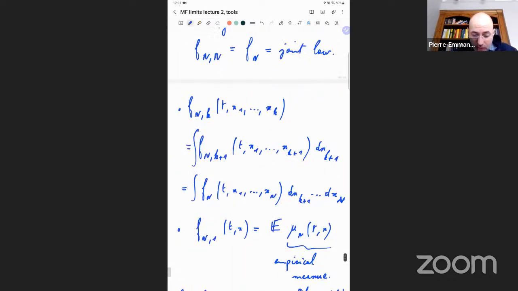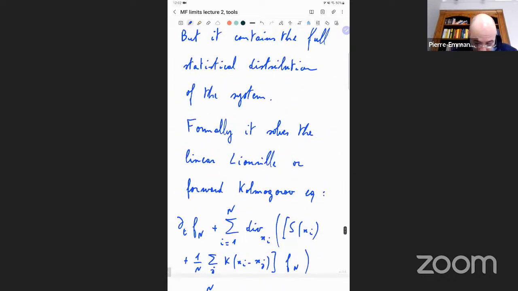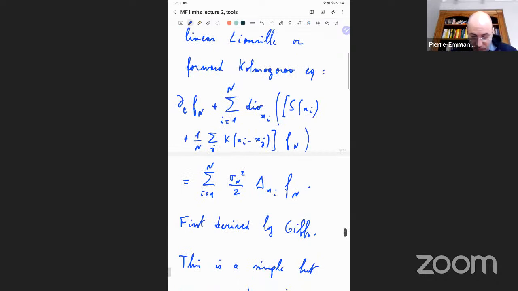It does satisfy a forward Kolmogorov equation, right? So here it is. Of course, you can say that it's the law of the Markov process, which is true. It's the joint law of the xi. The xi do solve a Markov process, but it's not a Markov chain itself.